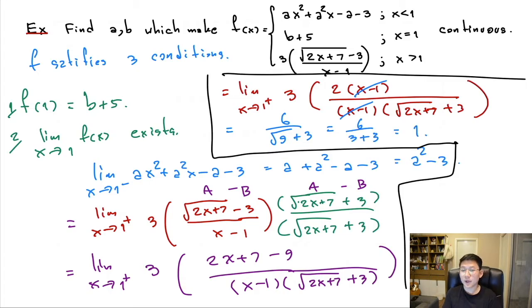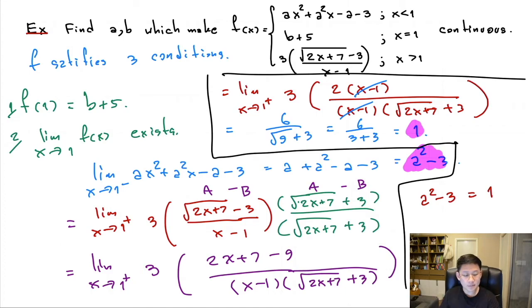So guys, we have that the limit exists, so we need to have that the left limit, which is this guy, needs to be the same as the right limit, which means that a squared minus 3 is 1. Make sense? Because it's continuous, so the left limit must be equal to the right limit.